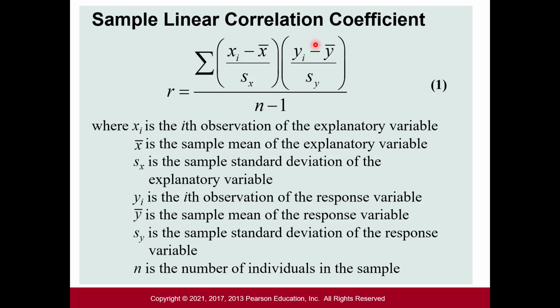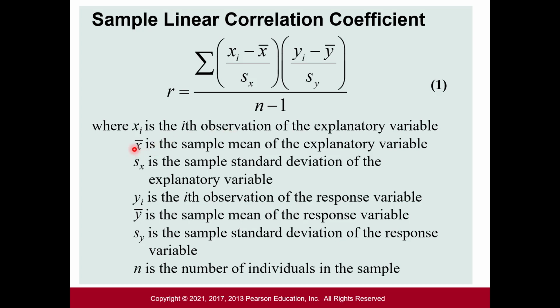Very similarly, we have that over here with y's, and n is the number in our sample. The x sub i is just the ith observation, like let's say the 10th observation in our data set.